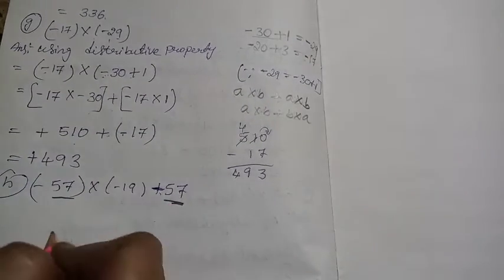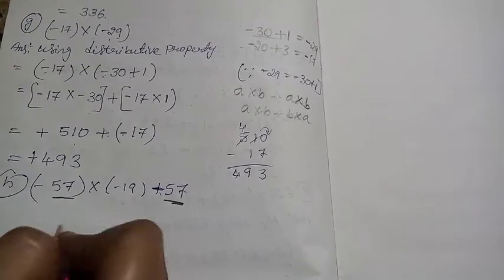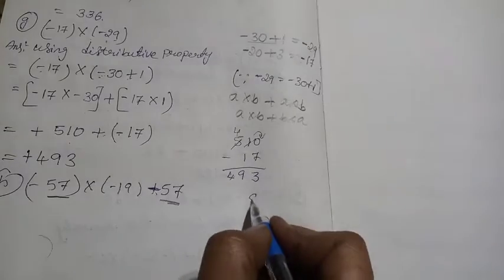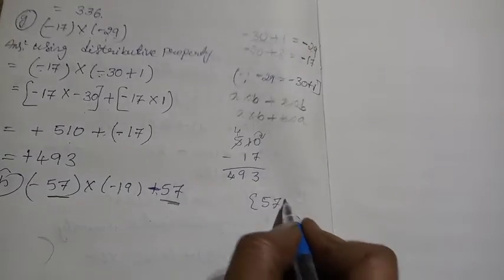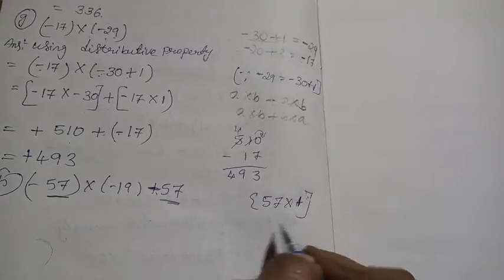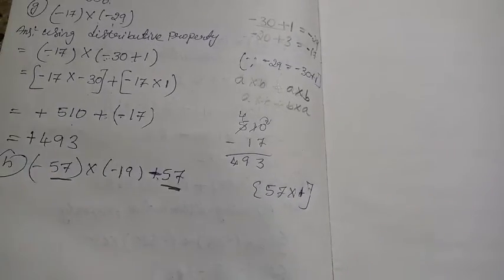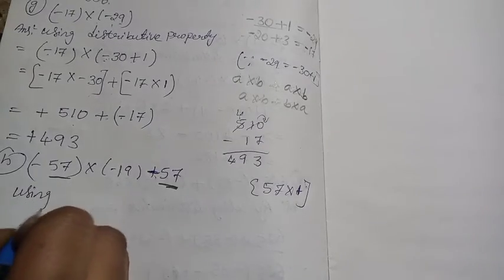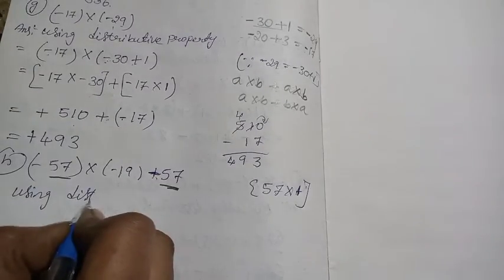So 57 into 1 we can make, no, here this one. So 57 into 1, two terms we want to take, right? I am going to take distributive property only, easy. Using distributive property.